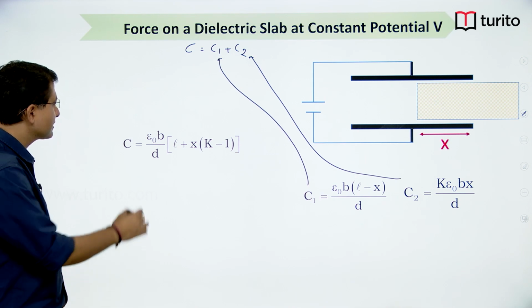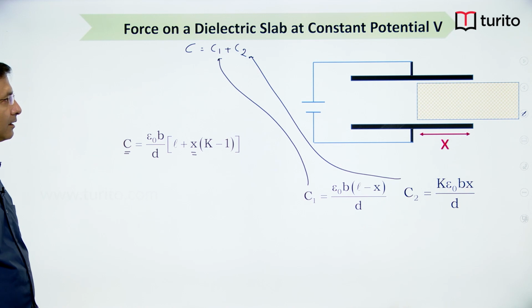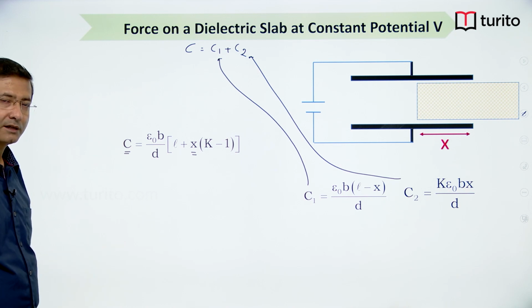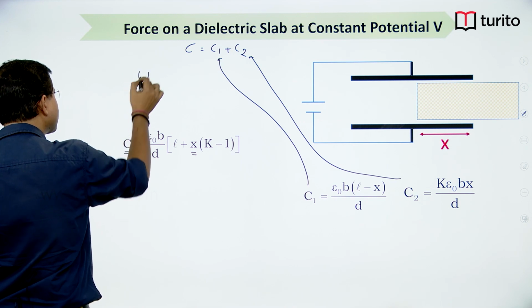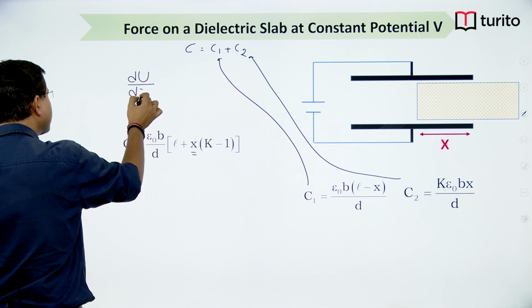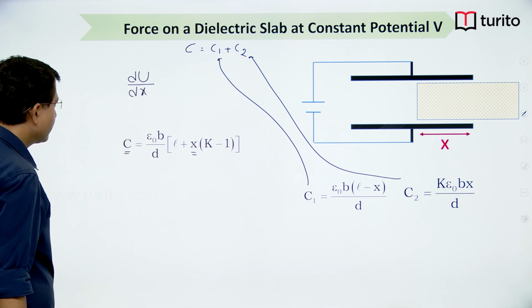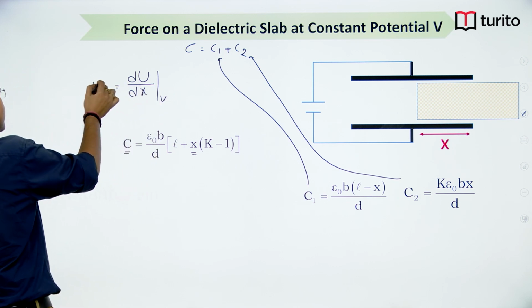You can see that this capacitance we are getting in terms of x, and when potential is constant, then we need to differentiate this with respect to x, right, and then we will get force.